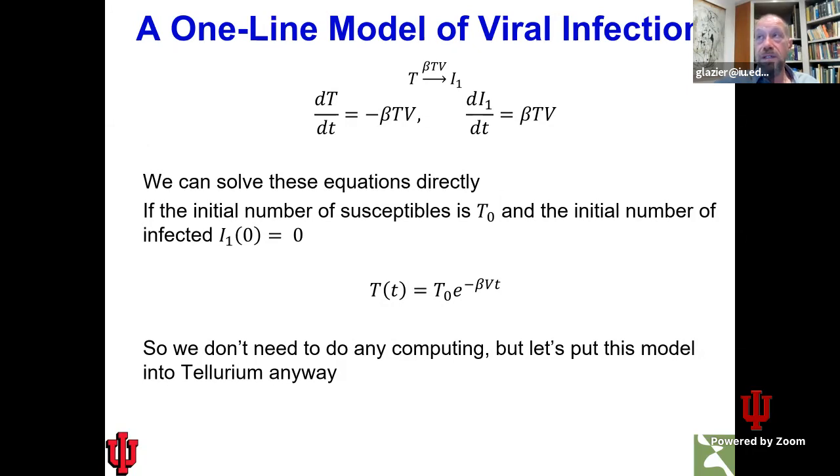Now, in the case of dT/dt equals minus beta TV, that's the simplest possible differential equation we can write down. If we assume that the initial number of susceptibles is T0 and the initial number of infecteds is 0, we can immediately look at that and write down the solution, which is T of t, the number of susceptibles as a function of time, is our initial number of susceptibles times e to the minus beta V times t.